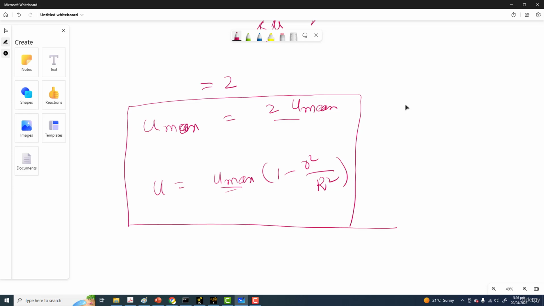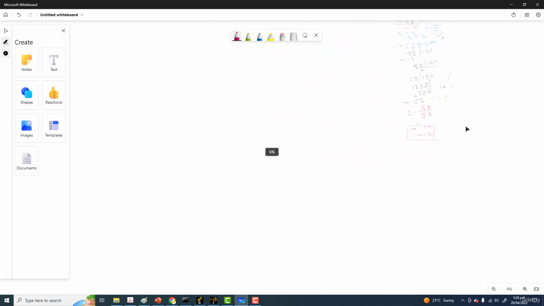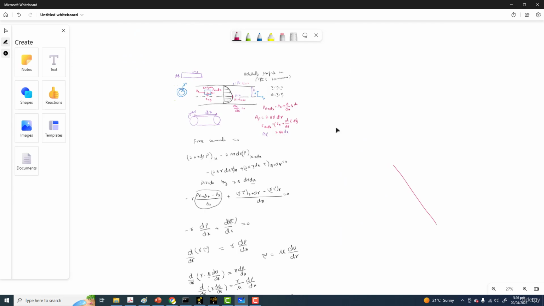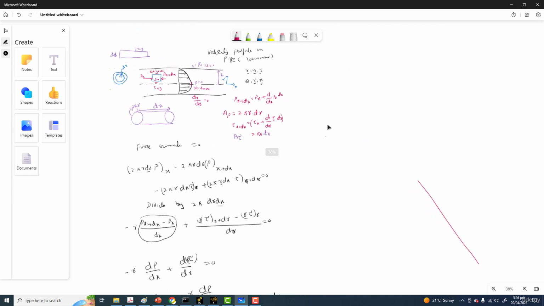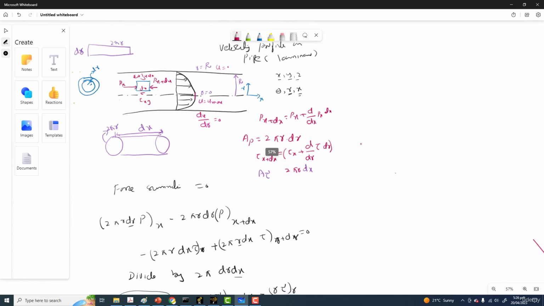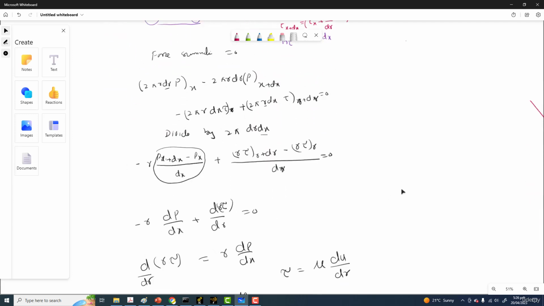Okay, so now let me show you this complete derivation. So we started from the very beginning, that is over here. So we have taken the pipe, we derived the equations, and then we found out the areas, and then we made the summation of forces.